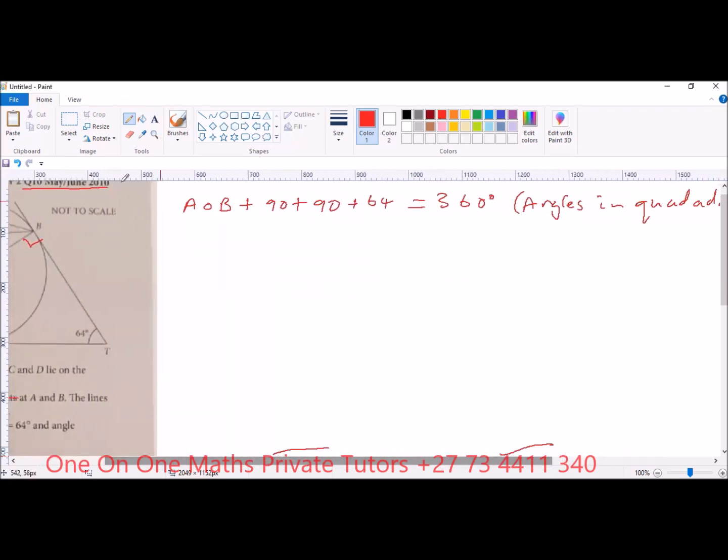So what do we have there? Let's simplify. If we add 90 and 90 and 64, we get 244.